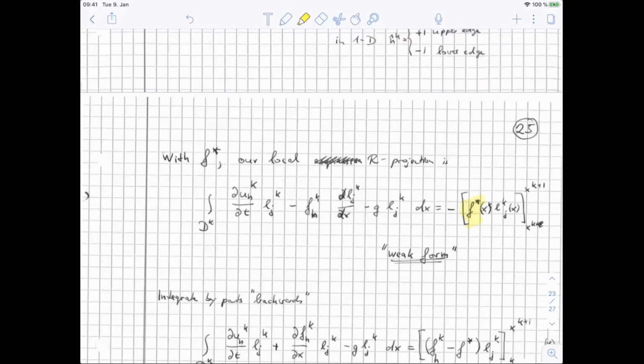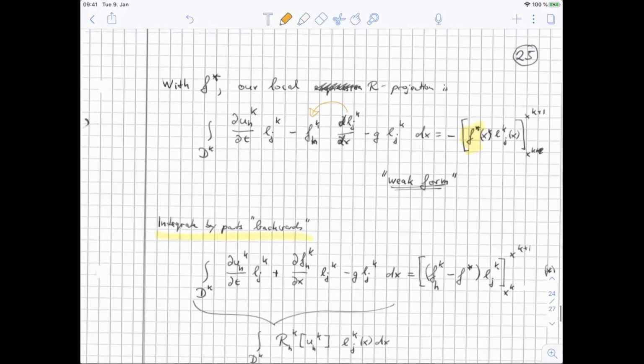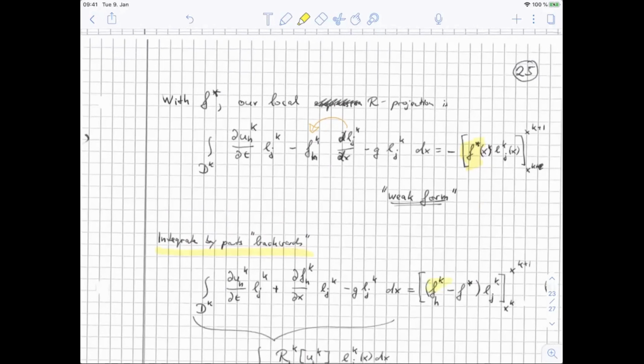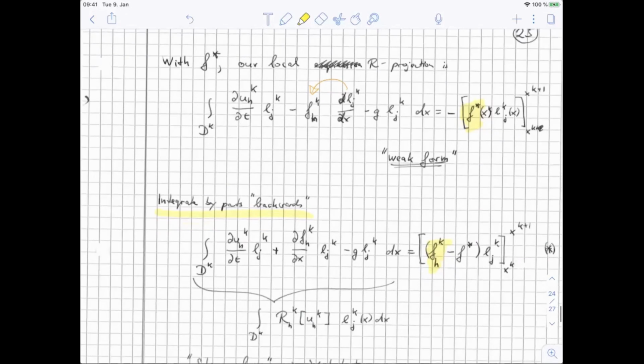This is now called the weak form of the discontinuous Galerkin equations. And the final step is to integrate backwards by parts, shifting the derivative back from the dl on the flux term. And by doing so, one picks up a second boundary term as well.